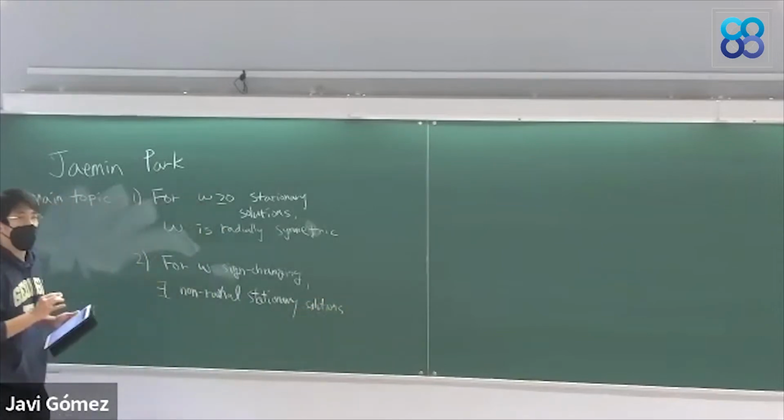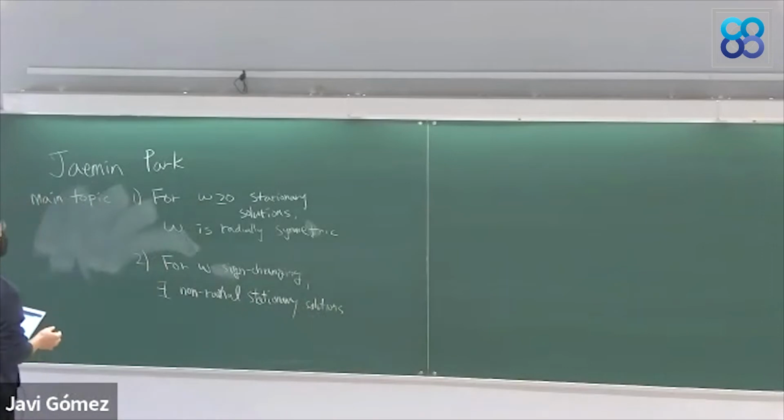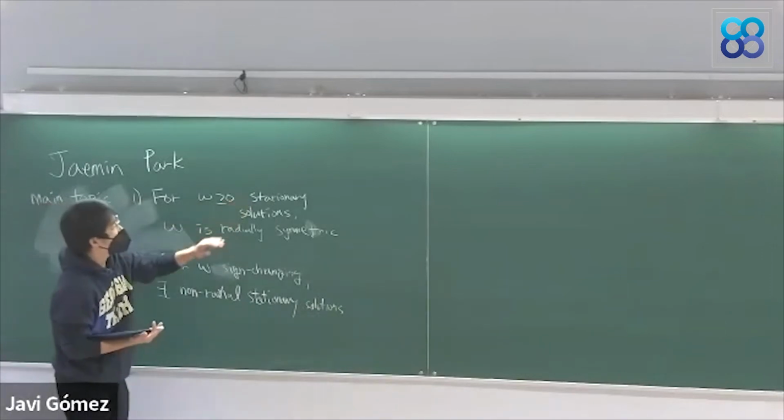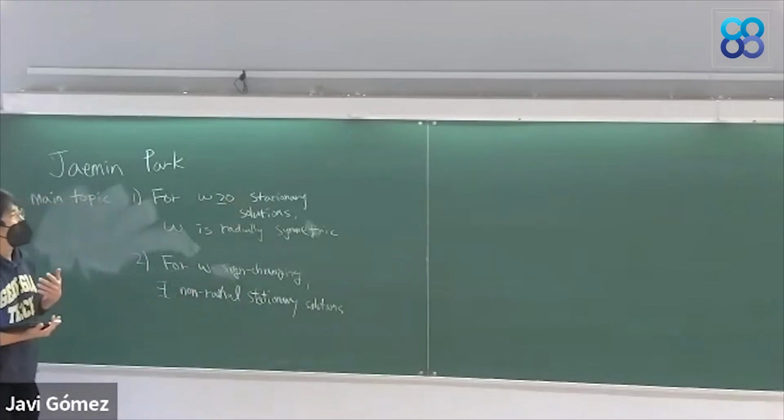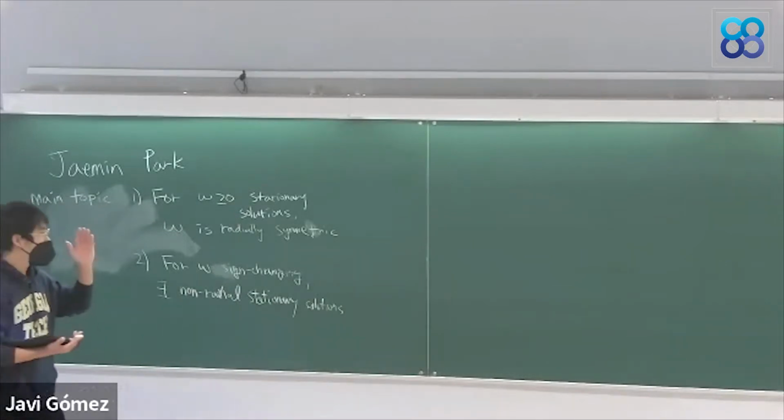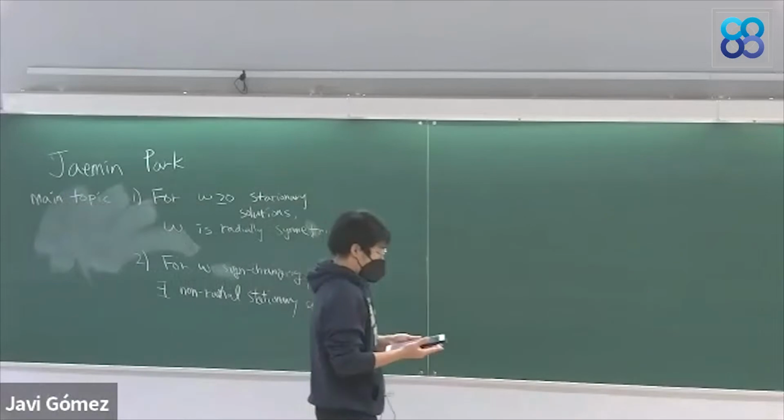So this is the main object that we are going to study. Of course, there are some variations. We will also consider not just stationary solutions, but some rotating solutions as well. For the details, I will point out when the time comes.